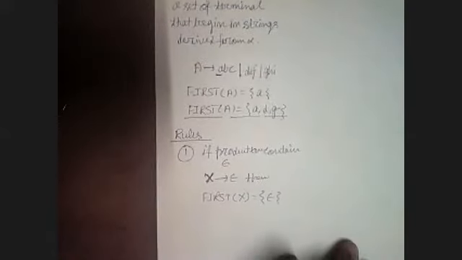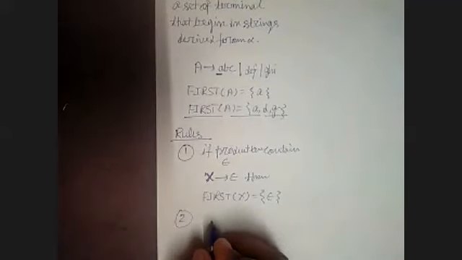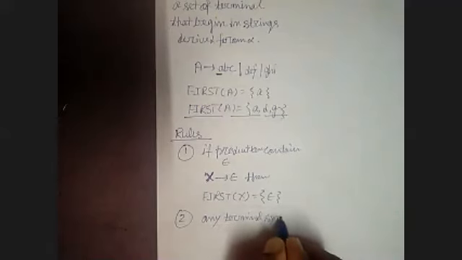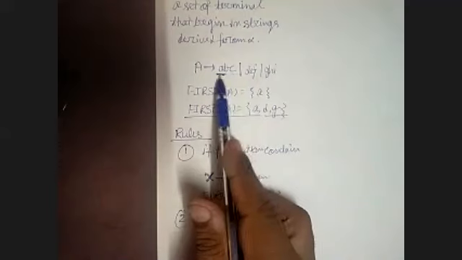Okay. Now move on to second rule. What is second rule? If any terminal symbol, right? Any terminal symbol. Okay. Any terminal symbol, if we take this example, these are the terminal symbols, right?